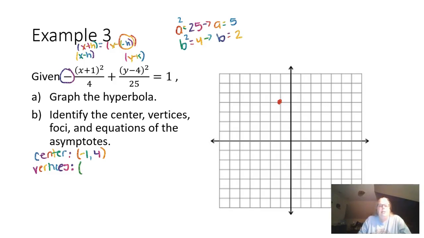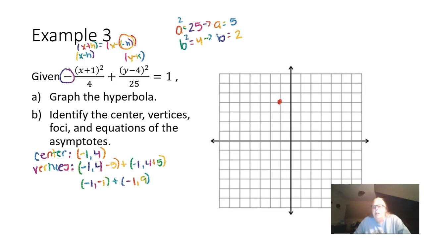All right, so the vertices, we're going to keep our x-coordinate, and then we're going to take the 4, and we're going to subtract 5. That's one of my vertices. And then I'm going to have -1 and 4 plus 5. That's going to give me my other vertex. So my vertices are located at -1, -1, and also at -1, +9.